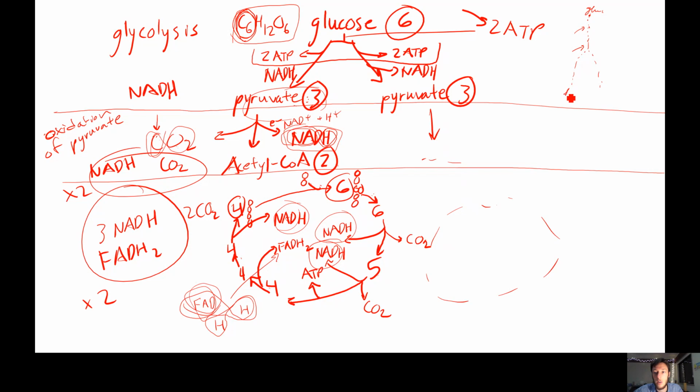And then we get our pyruvate with our 2 and 2, right? So because we're losing ATP here and gaining it here and here, that's a gain of 4 and a loss of 2, right? So our net gain altogether is plus 2 ATP.